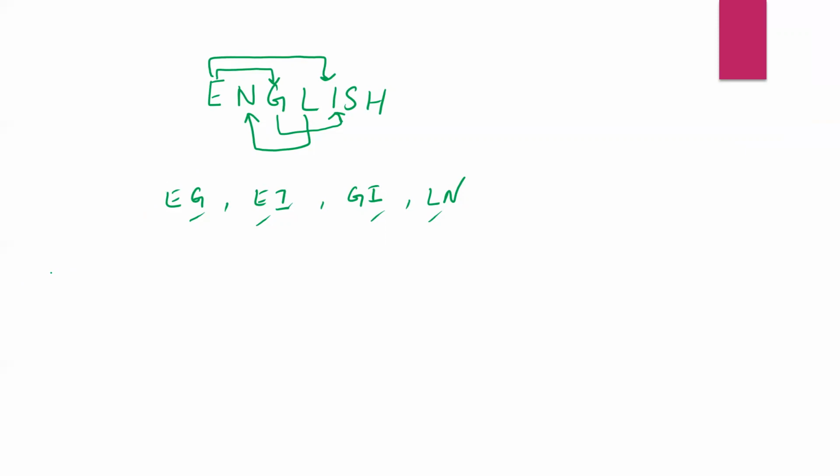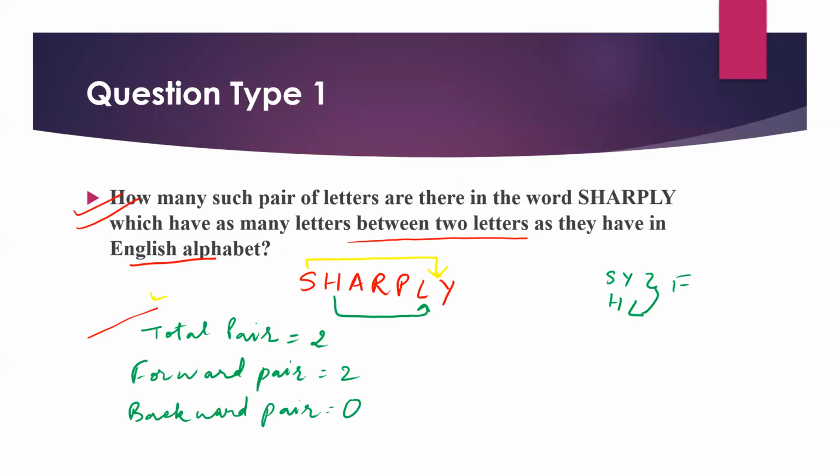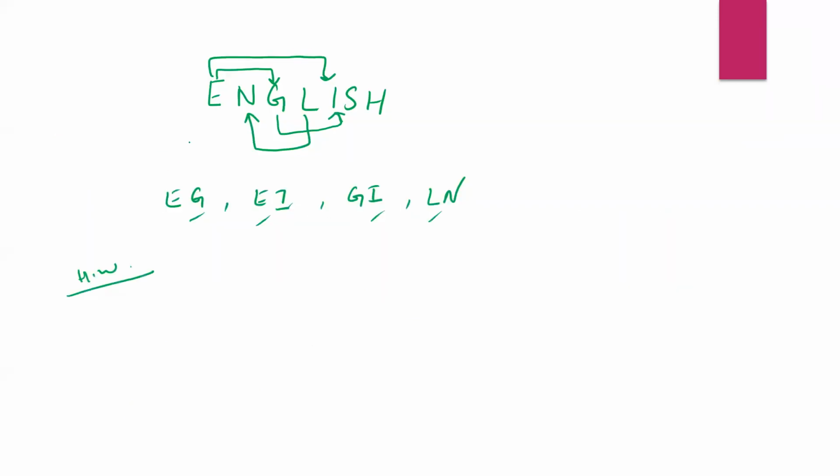For your homework, you will practice and let me know the answer in the comment section. The question is the same. You need to find the total number of pairs. Please write this question, and in place of the word, just write down Machinery.